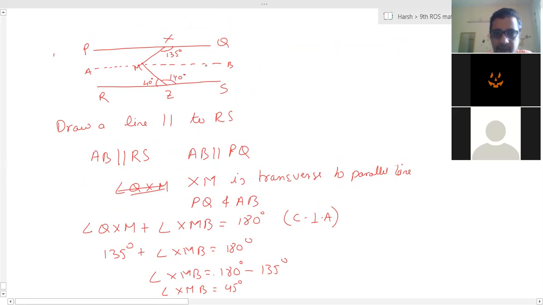So now angle BMZ plus angle MZS equals 180 degrees, co-interior angle. Can you find BMZ? This is 40. This is 45. So angle XMZ equals angle XMB plus angle BMZ. 45 plus 40 equals 85. Is it clear now how to write?